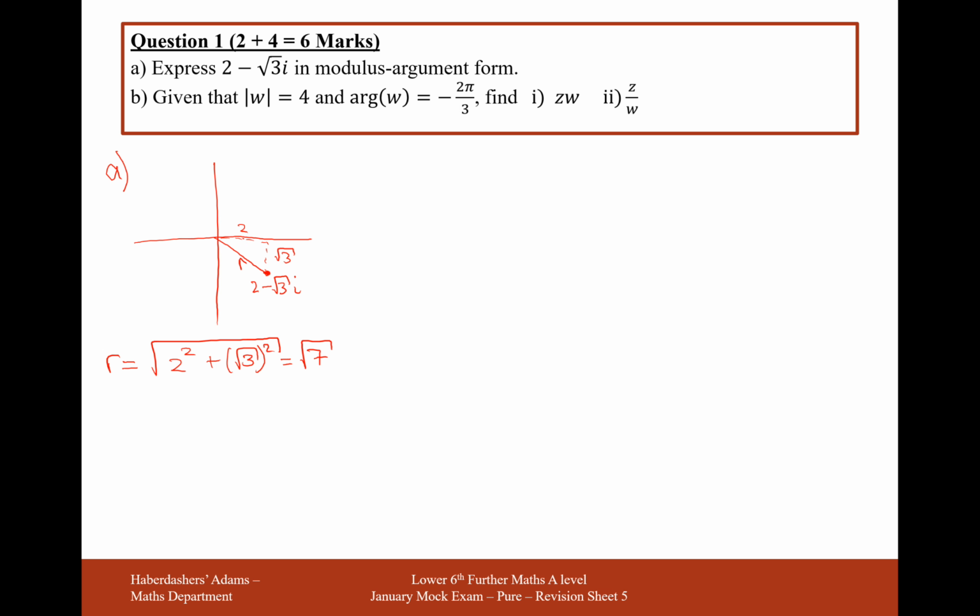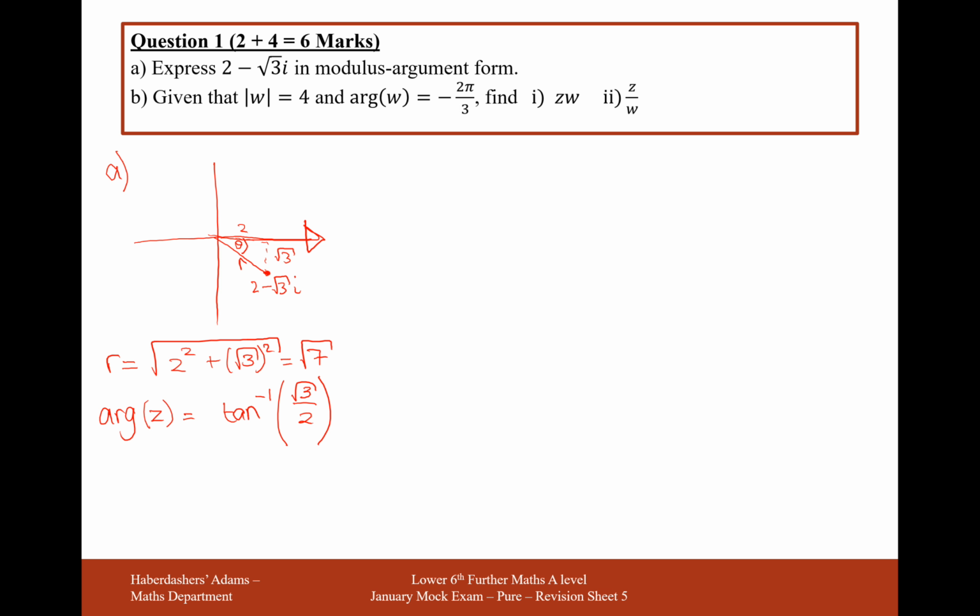Now we need the argument, which is the angle formed from the positive real axis down to the line that represents our complex number. So here the argument of z is equal to tan inverse, because we're working with opposite and adjacent, of root 3 over 2. However, we've missed one thing off.